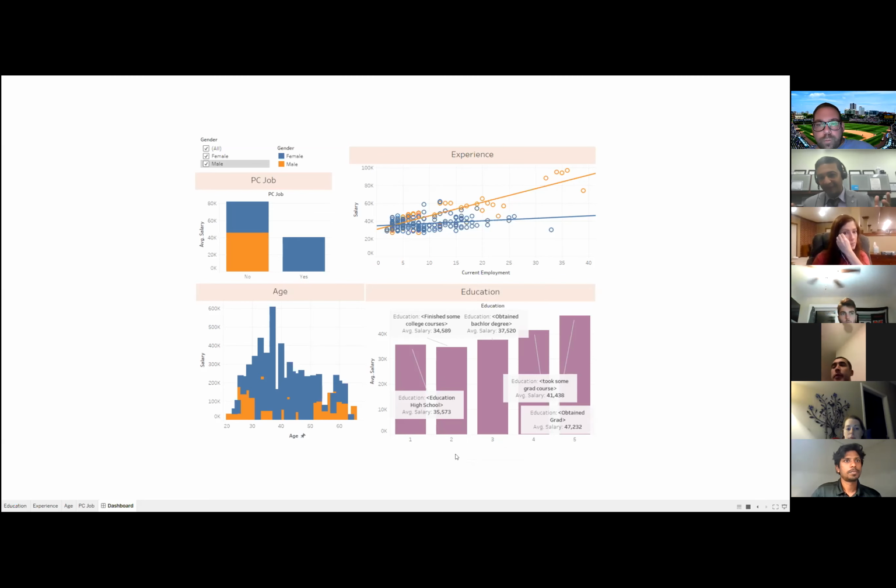I was telling Sarah's team when they were working on this that in the current scheme of things, it does not hold true. Education has a superlative value to salary. But there used to be a time when people would join this industry right from high school and go up the ladder based off of their experience.